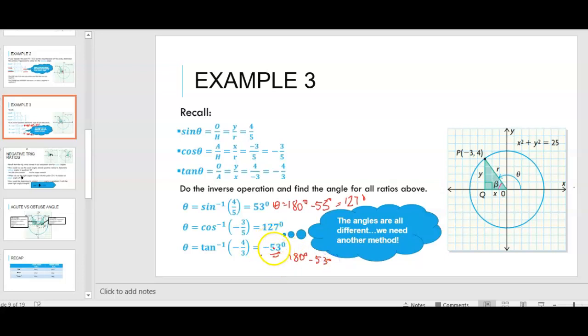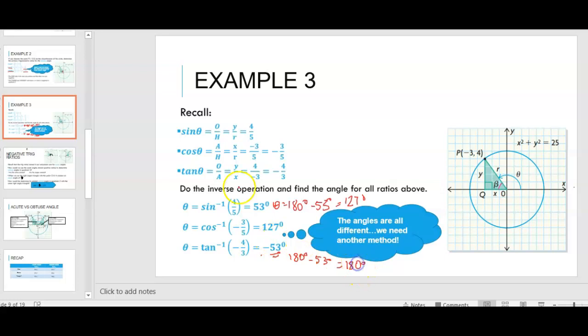So this is the negative angle, and we count clockwise when we talk about negative angles. We're going to start from here, counting up, and whatever is left, that is the angle theta that we're looking for. So it's safe to write 180 minus 53.